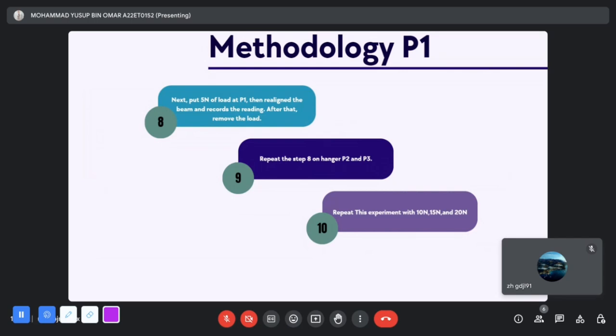So we need to repeat the step at hanger P2 and hanger P3. After step 8 and step 9 are done, we need to repeat this experiment with 10 Newton, 15 Newton and 20 Newton.